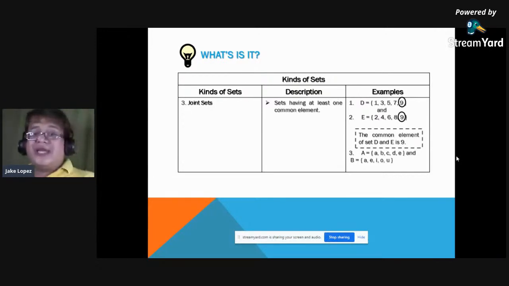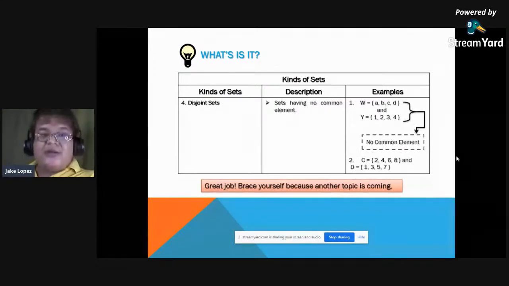So joint set ang tawag sa kanilang dalawa. So number 3, set A equals A, B, C, D, E, and set B is A, E, I, O, U. So ano yung mga common elements sa kanila? So the A and the E.